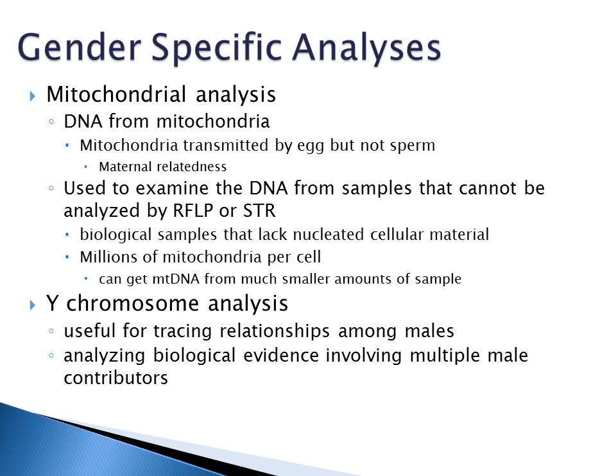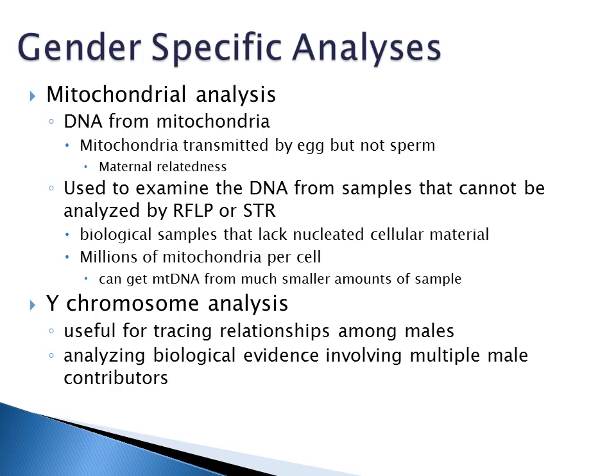Also, you can use mitochondria to examine DNA from samples that can't be analyzed through restriction fragment length polymorphism or short tandem repeat analyses. So, for example, biological samples that lack nucleated cellular material, such as hair, bones, teeth, things like that. Maybe samples that are degraded.